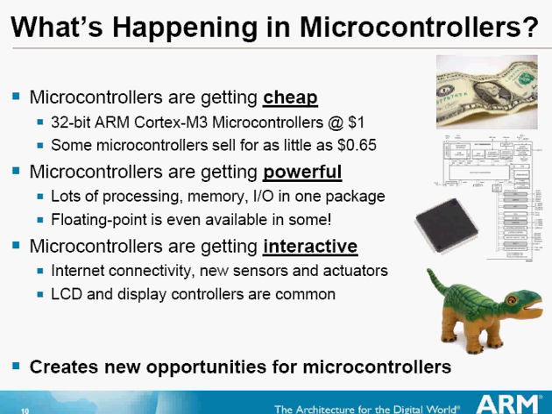What's happening in microcontrollers? See, microcontrollers are getting cheap. Can you imagine a 32-bit ARM Cortex M3 microcontroller for just $1? So in today's age, we are seeing more cost efficient, faster, more inclusive and more power efficient microcontrollers going into all sorts of devices.